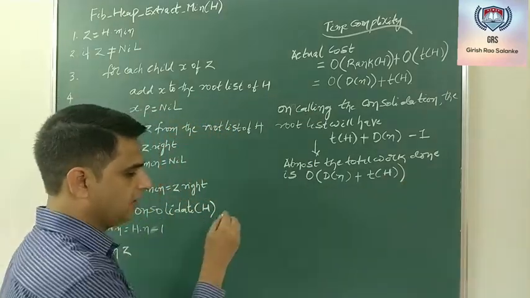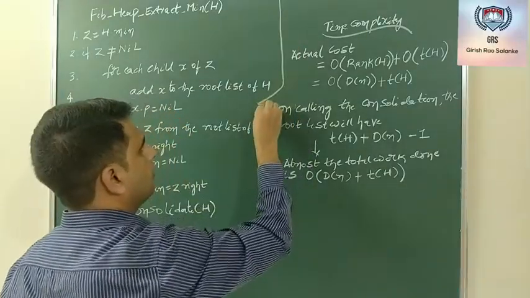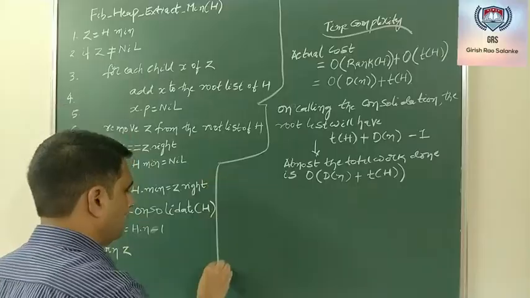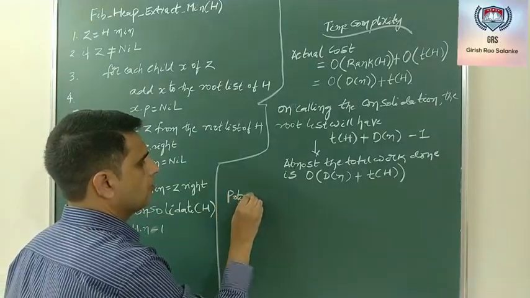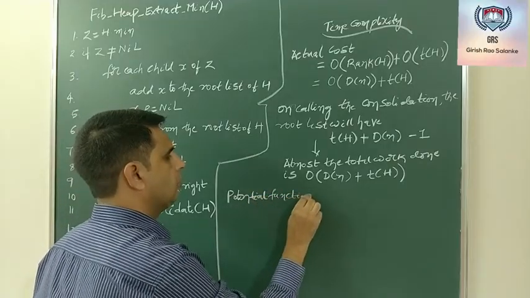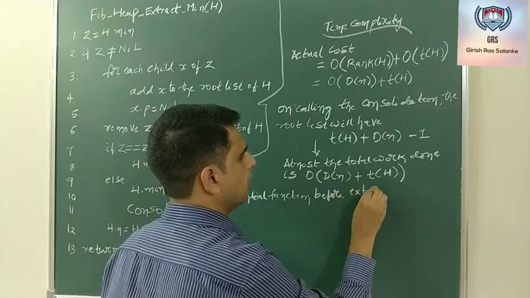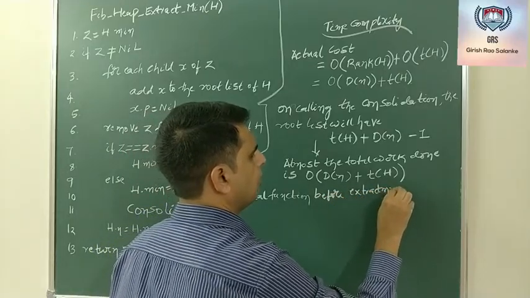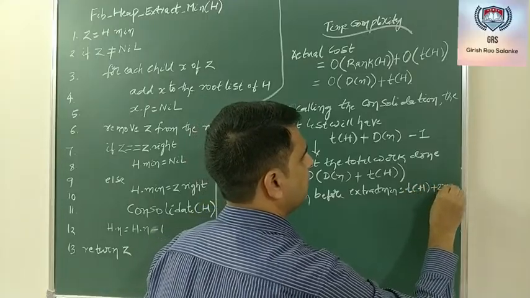Before calling consolidation, the potential function before extract min was T of h plus twice of m of h.